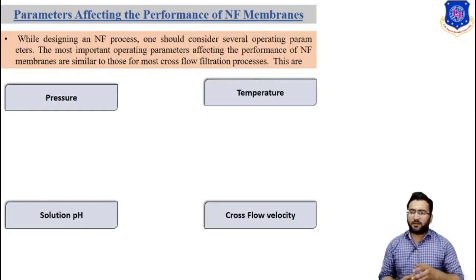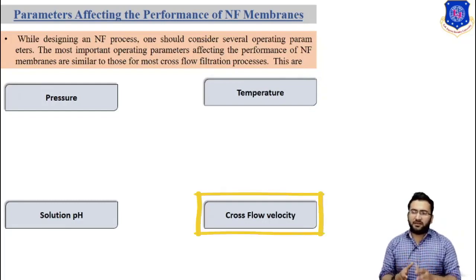Now let's discuss the third parameter, which is the cross flow velocity. An increase in cross flow velocity in the nanofiltration membrane process increases the average flux due to the efficient removal of the fouling layer from the membrane surface.